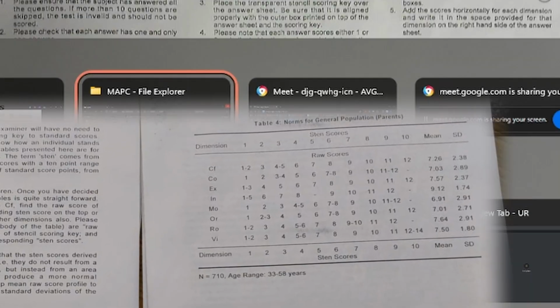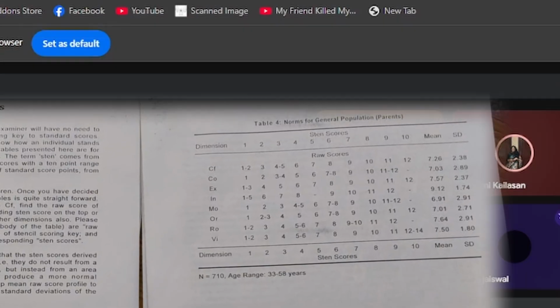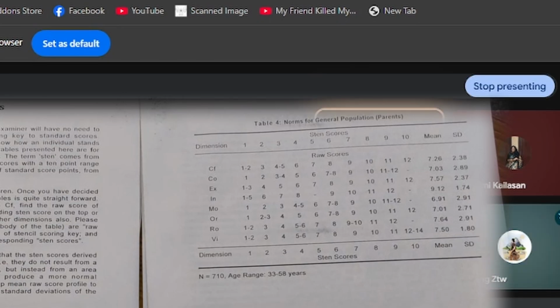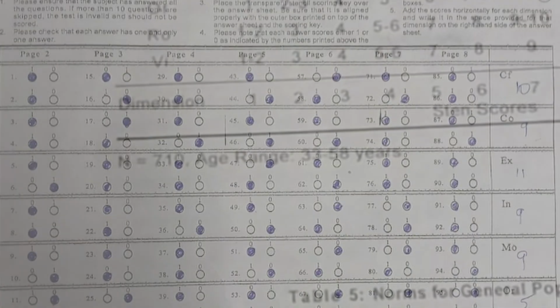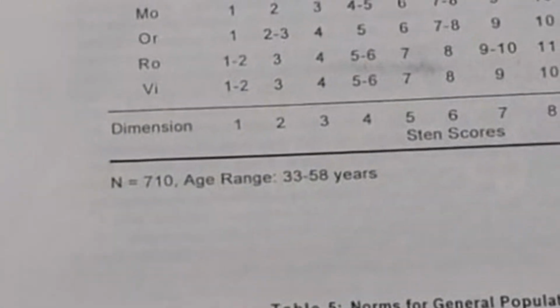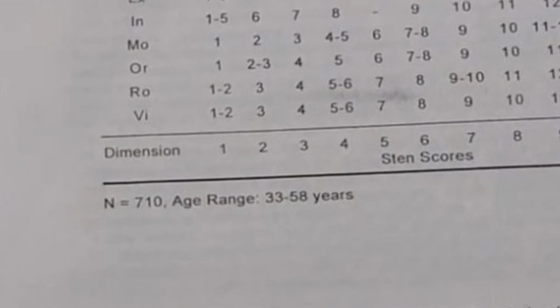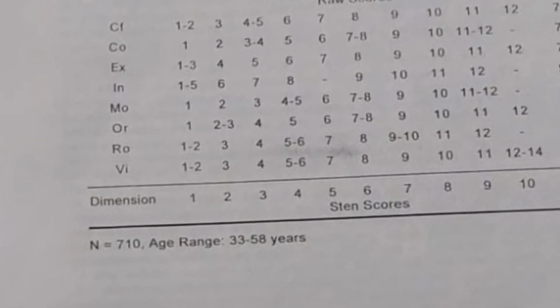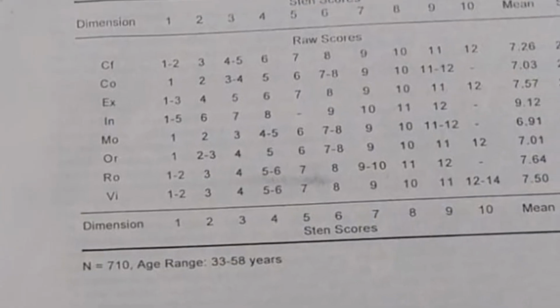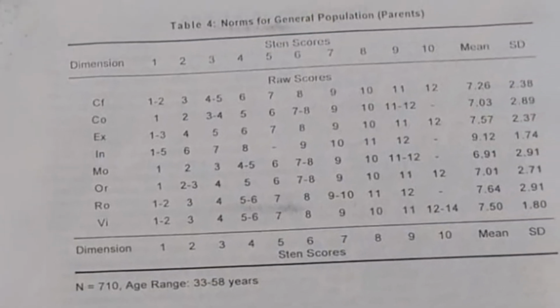If it's a parent giving the test, no. It's about us. Who are we? We are not children from 12 to 20. We are in this age bracket of general population, which is 33 to 58 years. We're using this because we have done this test and we are falling in this age group.